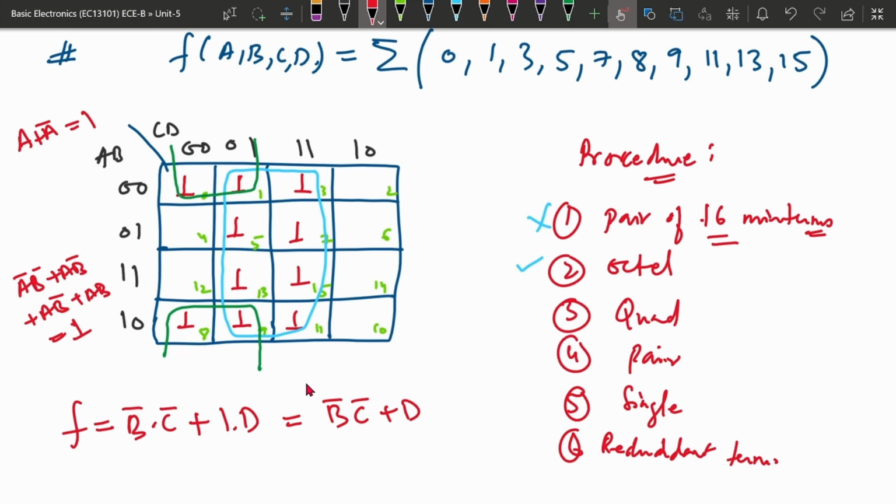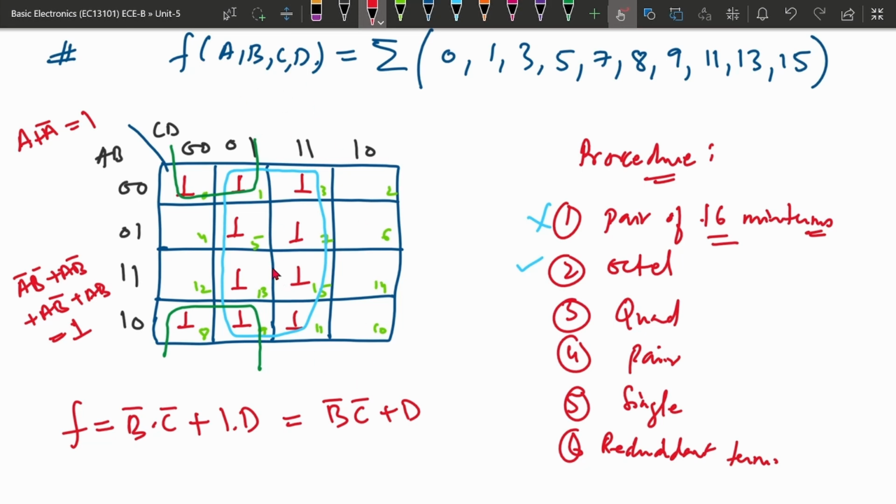So from the above, we can also see that if we are able to make an octet, the octet will be reducing 3 variables. So out of 4 variables, 3 have been reduced, only 1 is left for the 4 variable term. And also for a 3 variable term, if an octet is there, 3 variables will be reduced, meaning only 1 is left.